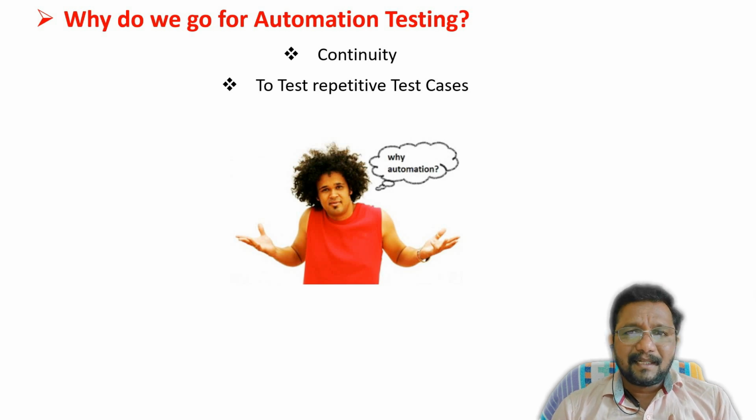To test these repetitive test cases, we need automation. Why? Because if we manually repeat the same test cases again and again, the manual tester will miss some aspects of testing, right? So errors may be created during this testing process. That's why we automate them.